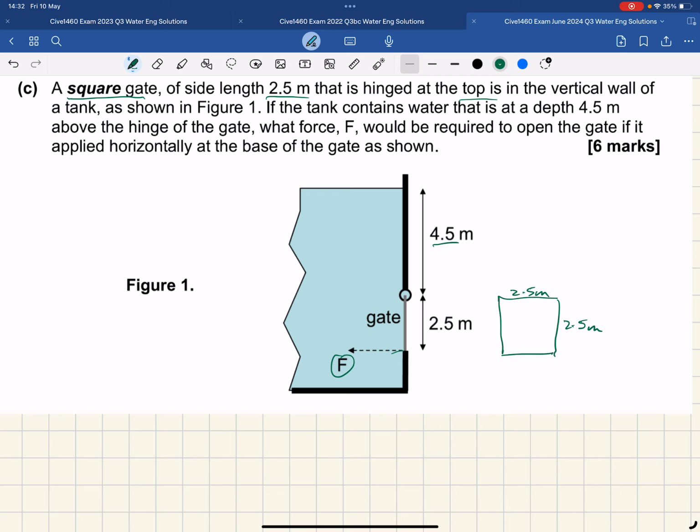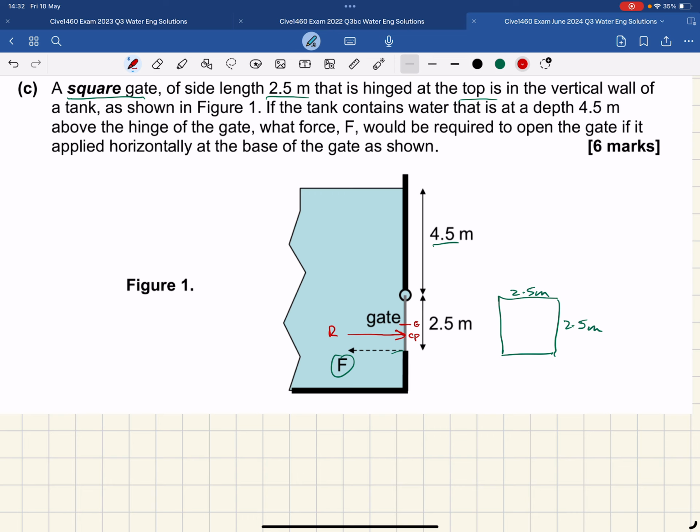So what do we know? We know that we'll have a resultant force R acting on the gate due to the water. We have a position here in the middle that we've often labelled G, the centre of gravity or the centroid, and that R acts at CP, centre of pressure. So R will impart a moment on this hinge, and F needs to overcome that moment.